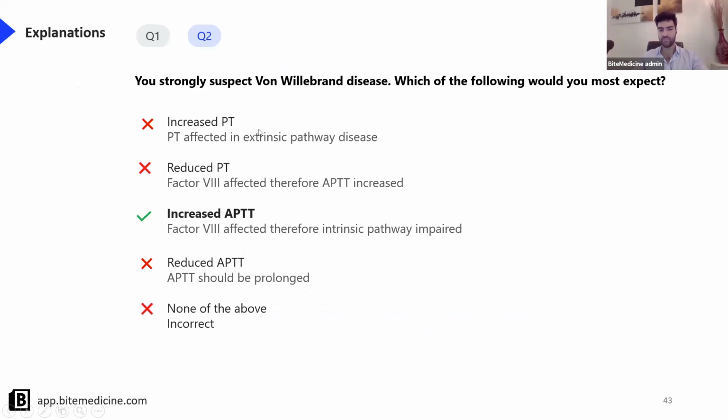Von Willebrand factor is crucial in stabilizing factor VIII. So if you lack it, your factor VIII will be affected and therefore your APTT will be raised, because remember, APTT looks at the intrinsic pathway, which involves factor VIII. Don't worry, there'll be a diagram coming up which explains it much more clearly. So that's why this is the correct answer.